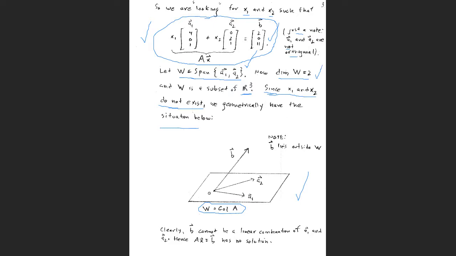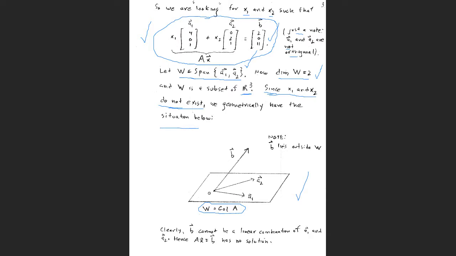The subspace W will be a plane in R3, and that's a subset of R3. Since x1 and x2 don't exist because the system is inconsistent, we geometrically have the situation below.